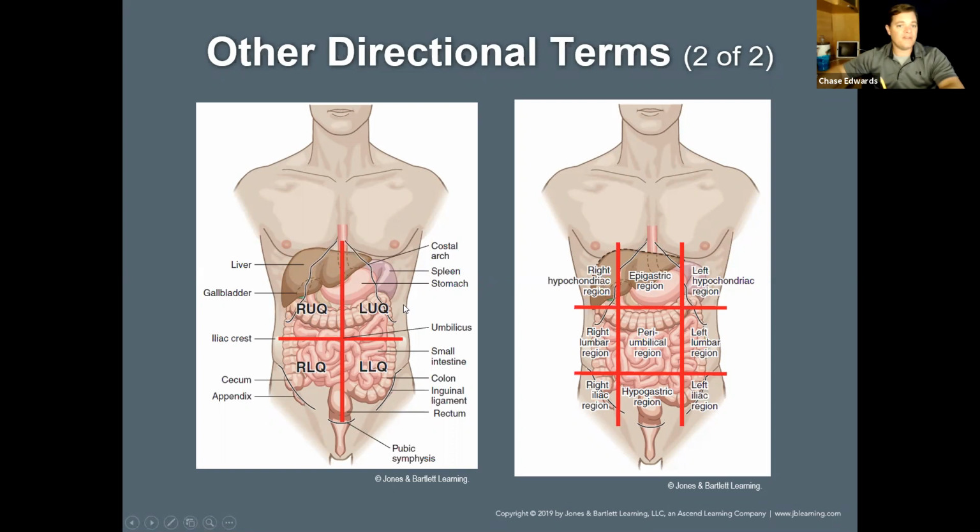LUQ, left upper quadrant, right lower quadrant, left lower quadrant. And it's because it's the patient's right, patient's left, right? Left, right. Correct. And then from there, it's divided into regions.